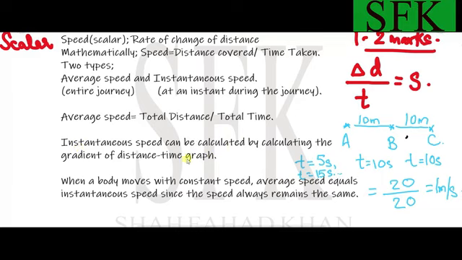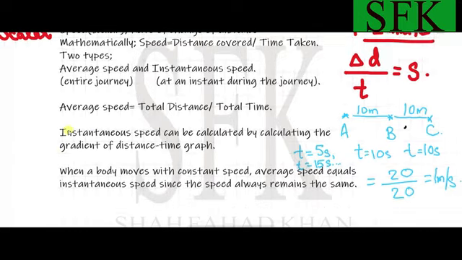I'm not drawing the distance time graph in this video, but we'll just calculate the slope at time equal to 5 seconds, and that slope of the distance time graph will equal the instantaneous speed. But greater questions are asked on average speed in the past year papers.